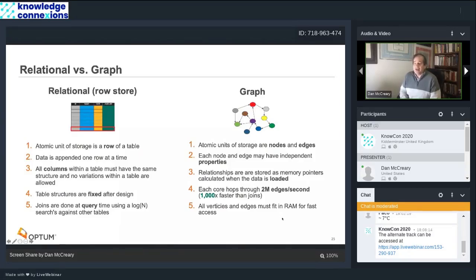They added that feature on at the end when they took their COBOL flat files and they said, well, let's create some IDs and we'll compare all of those IDs in memory, and then we'll be able to traverse these things once all those IDs are compared. And every time we run a query, we have to recompare those IDs. Whereas graph is not like that. It's 1,000 times faster, and that typically means each core processor can traverse about 2 million edges per second, as long as those edges fit in RAM. And we'll talk about that in a little bit.